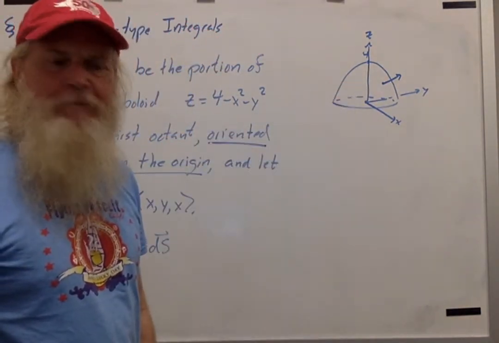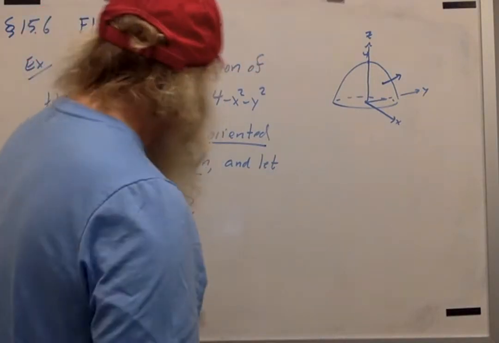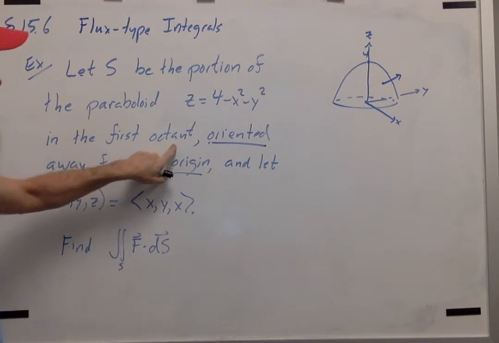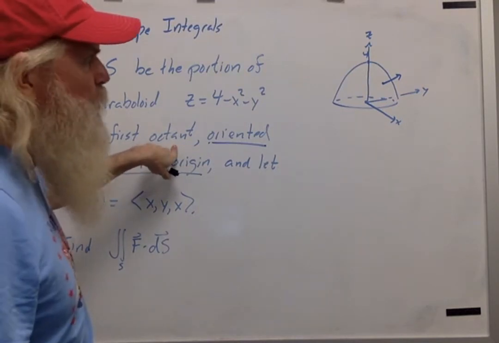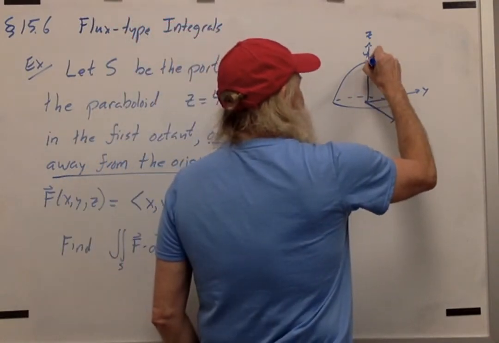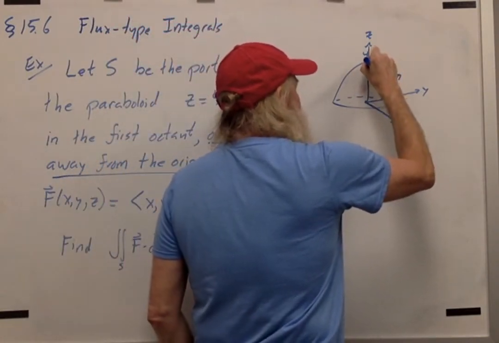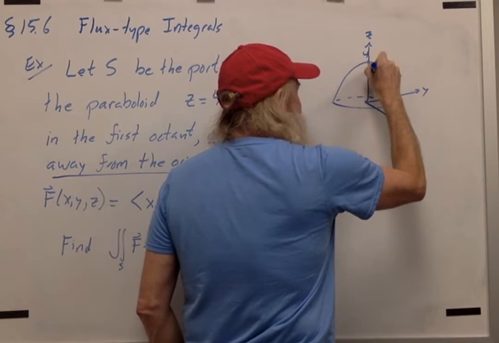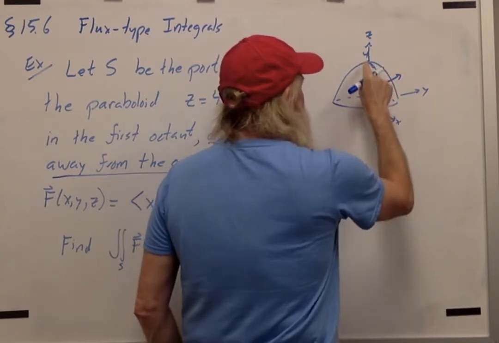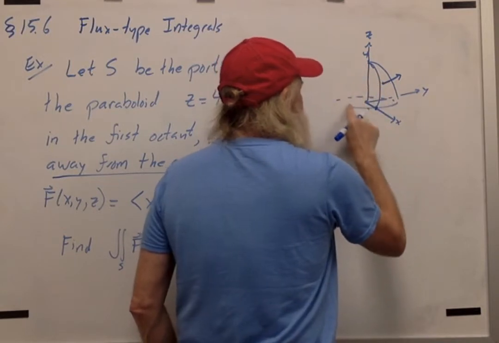Now let's make the restriction that the paraboloid needs to live just in the first octant. The first octant is where the x, y, and z coordinates are all positive. So if I slice with the xz plane, I get kind of half of a parabola coming down and meeting at this point. So all of this is gone.